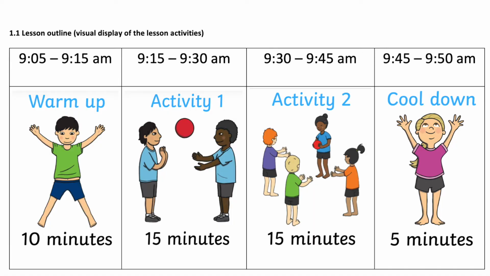For today's lesson, I have included a warm-up, two activities, and then a cool-down. I always show students a visual breakdown of the lesson activities, and in particular, Blake does really love this sort of structure. With the warm-up, I have chosen a follow the leader style of activity. This is because Blake is more of a visual learner and he thrives off demonstrations and picture cards.